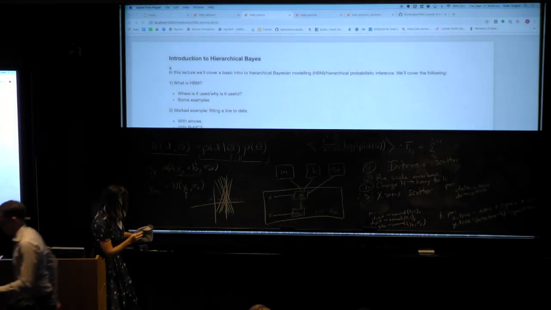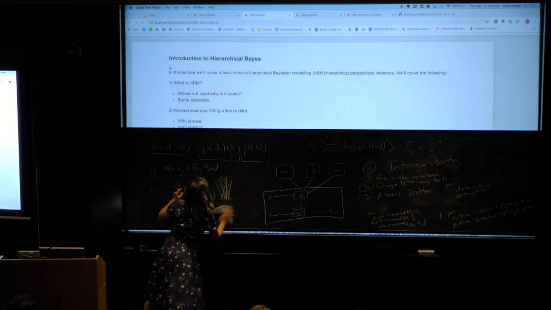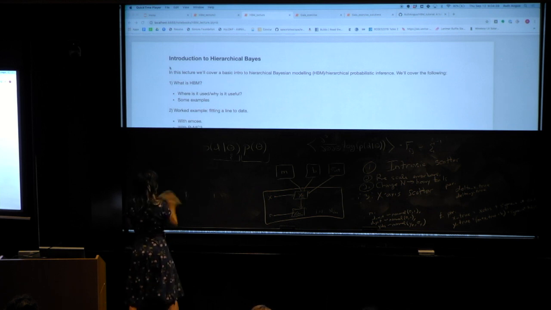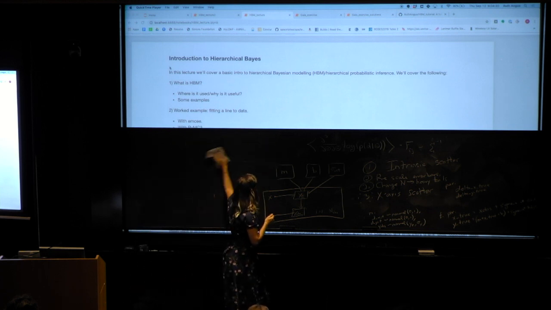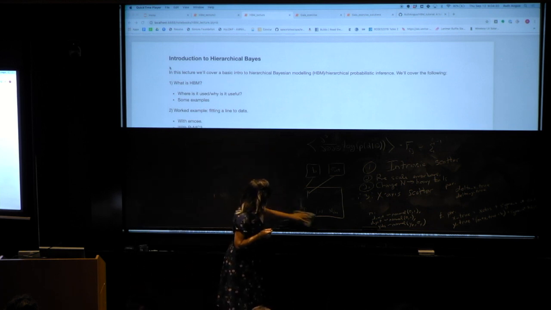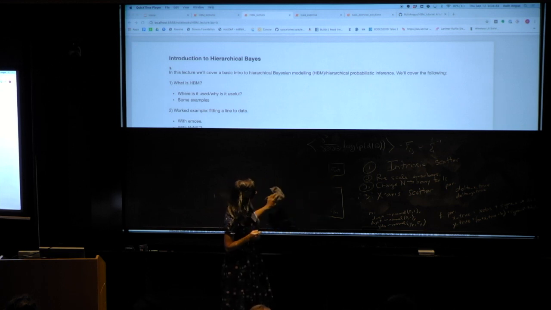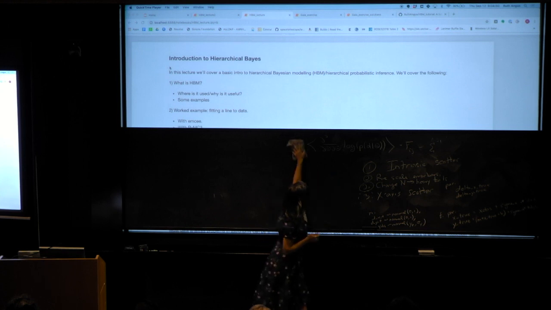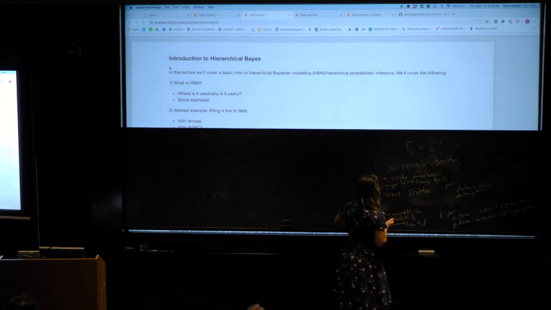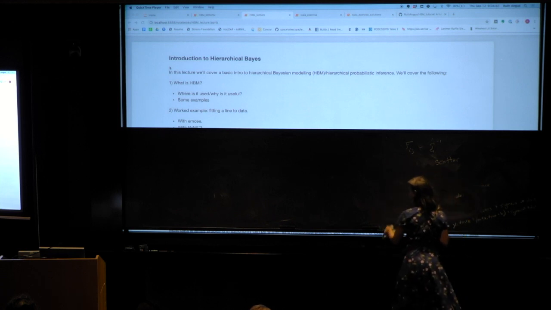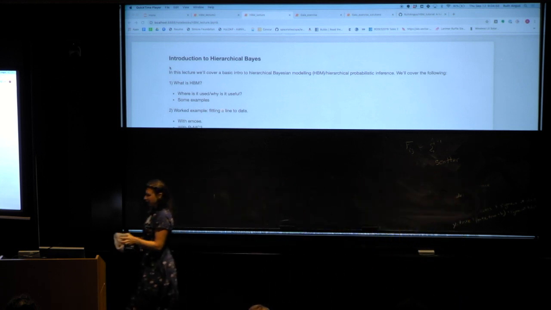Oh, do you want to? Okay. So the easiest way to describe what a hierarchical model is, and I think this is a PGM that looks like a hierarchical model to me, so you might already have come across them, either this week or previously in your research.